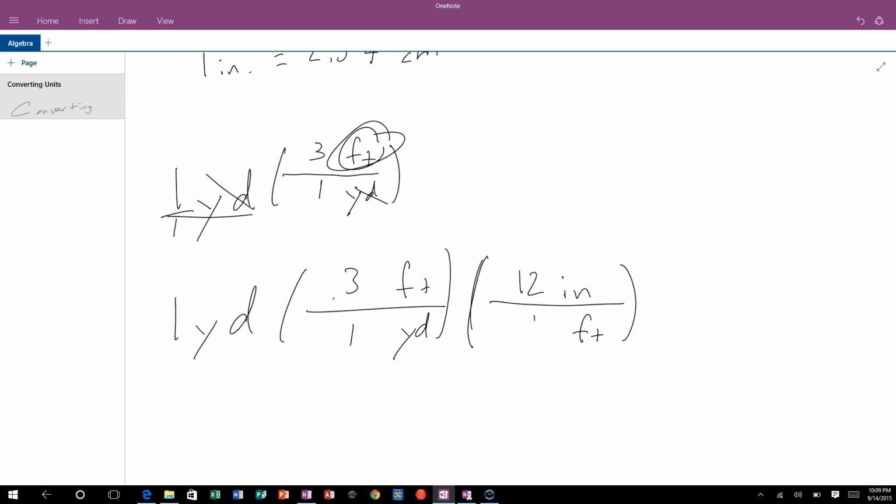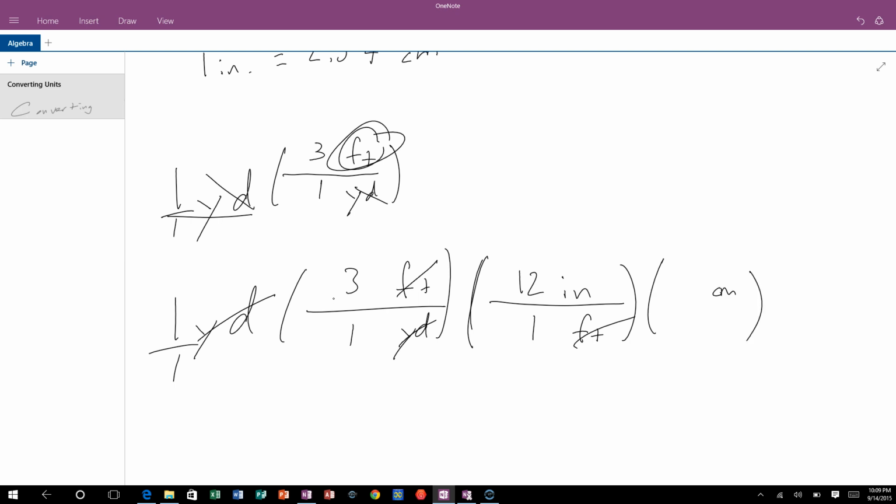Inches is the new unit, and feet would go on the bottom. So again, when we multiply this across, and this is really 1 over 1, the yards cancel. I'm multiplying by feet, but then I'm dividing by feet, so that cancels. Now my unit, whatever it will be in inches, which is not quite what I want.